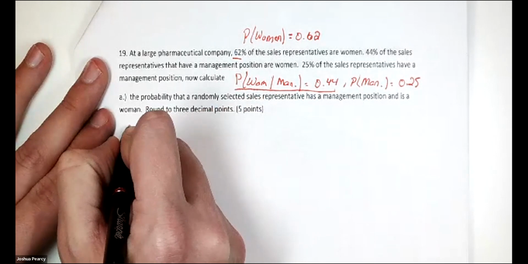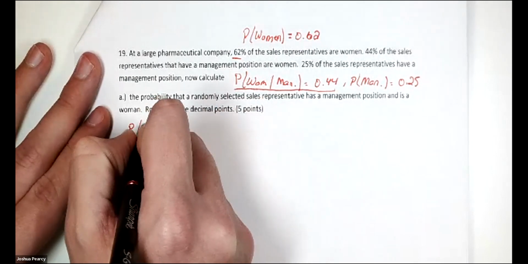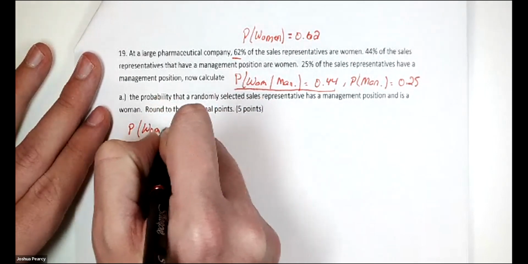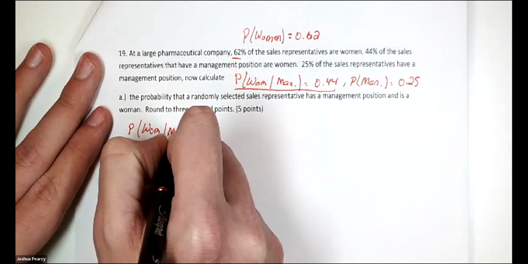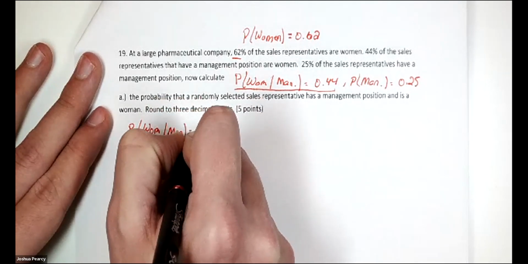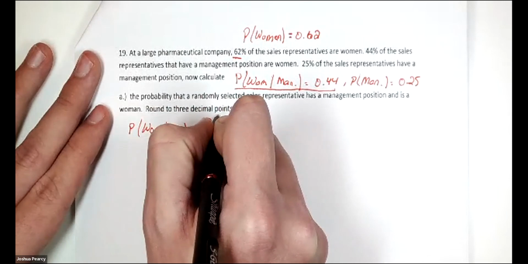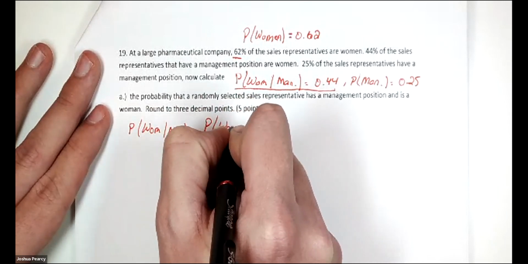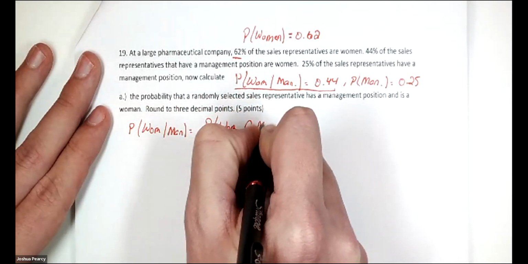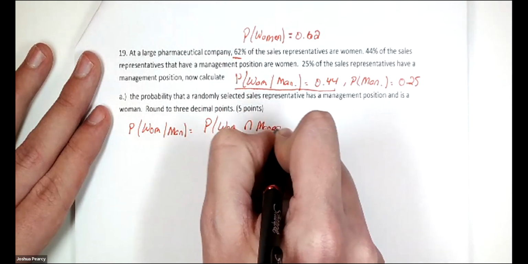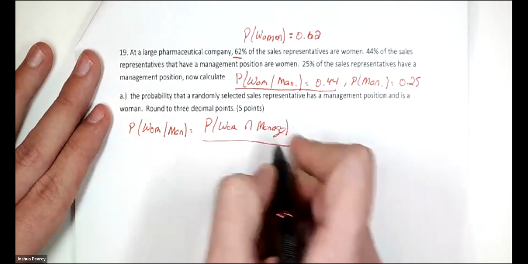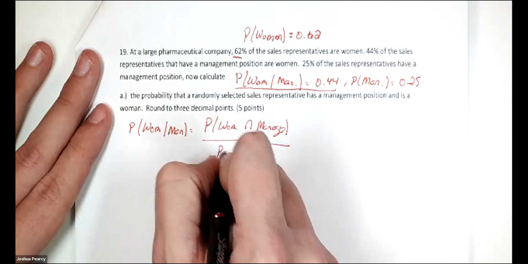I know the probability of women given management is equal to the probability of the intersection, so women and management, divided by the probability of management.